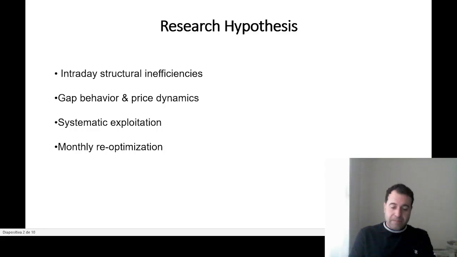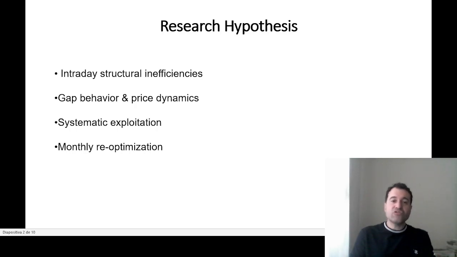This project started with a simple idea. Markets might exhibit structural intraday inefficiencies, especially around gap behavior and short-term price adjustment.